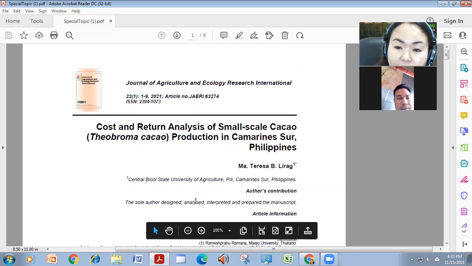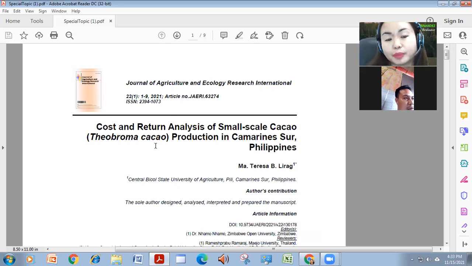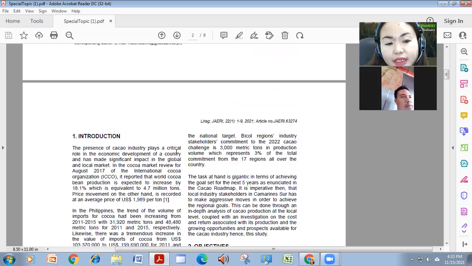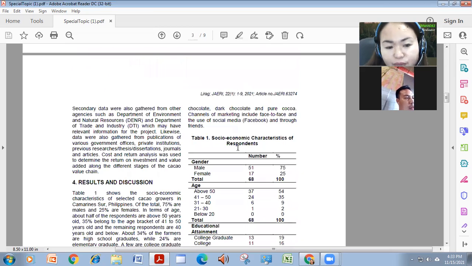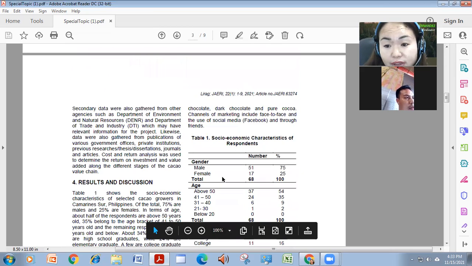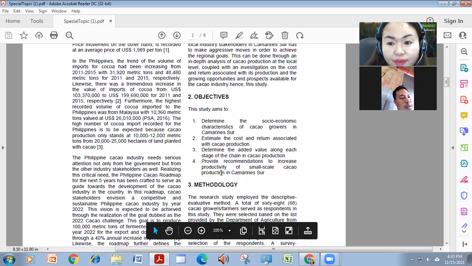It depends on what you choose. For example, if you're going to select this type of cost and return analysis of a crop in a particular place, you're going to follow the same research proposal. But in the proposal, there is no abstract; it's only introduction, objectives, methods and references. There are no results and conclusion yet, so you only go up to methods.